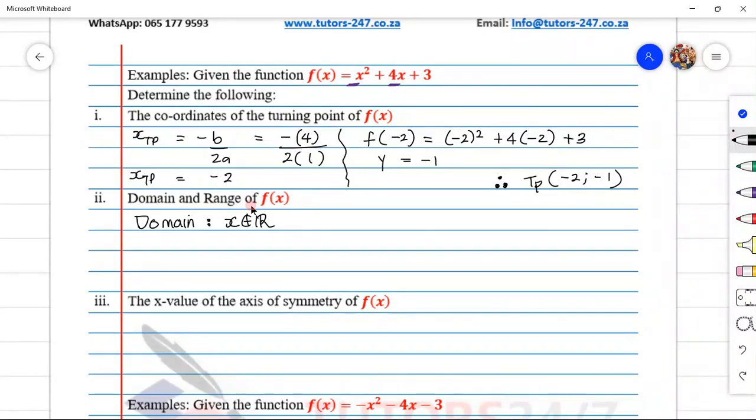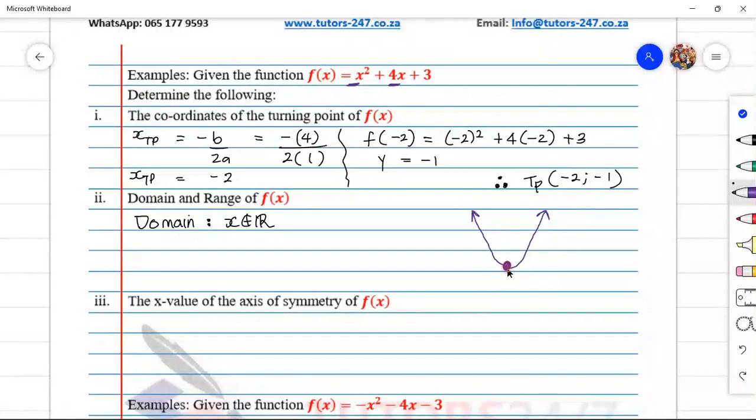Now, if we need to find the range, our first step is to identify whether a is greater than 0 or less than 0. Because we have a greater than 0, it's a positive graph, so we know it's going to be a smiley face. So, you can represent it like that.